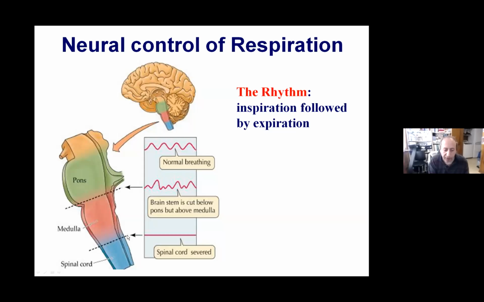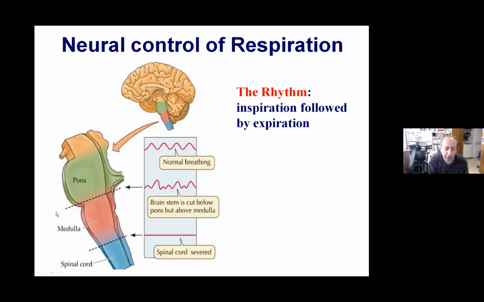Any cut below the medulla will prevent this network of neurons from discharging electrical signals that control breathing, because they connect the motor neurons that are involved in inspiration and expiration. So if you cut this, you cut the connection, and the breathing will completely stop.